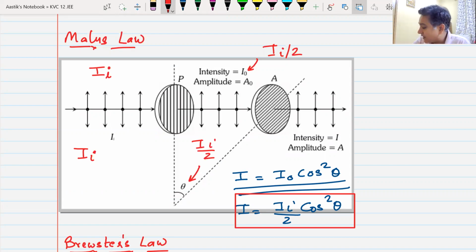This is the hint, my dear friends. The intensity after the analyzer is I by 2.